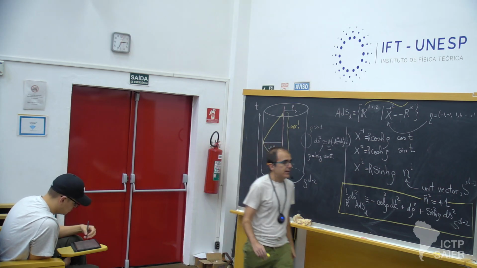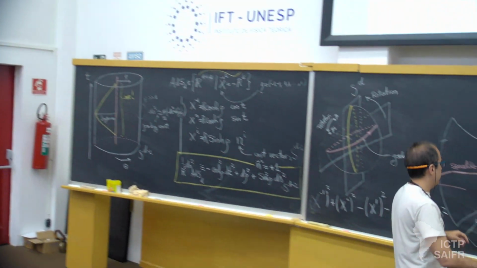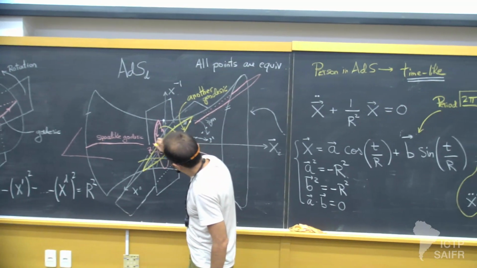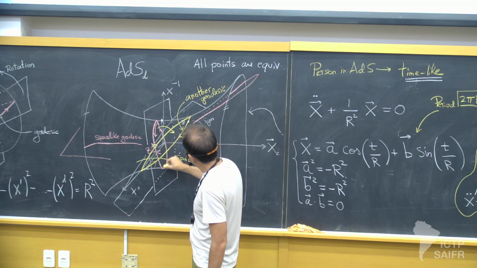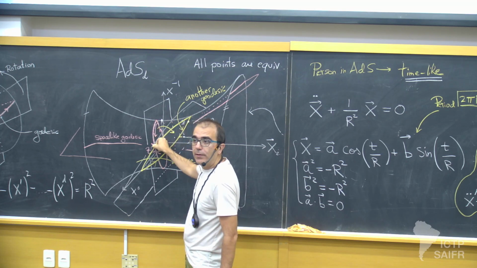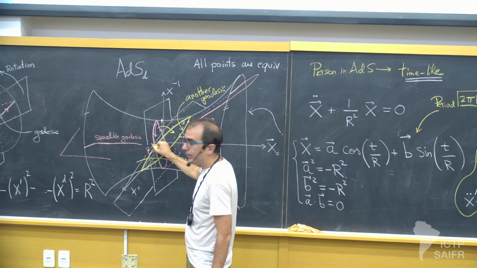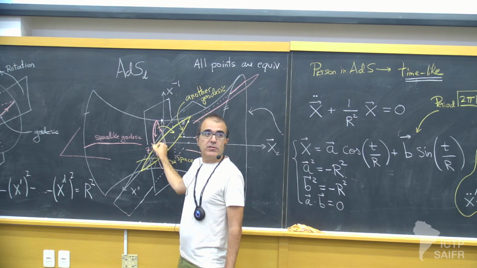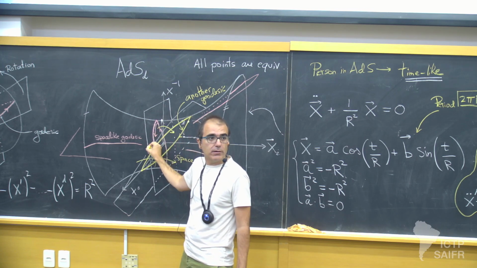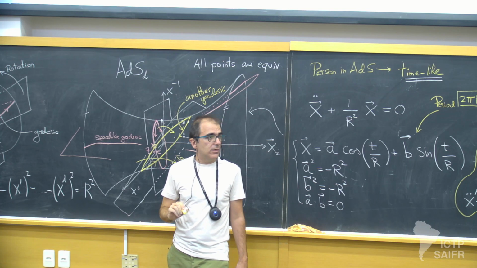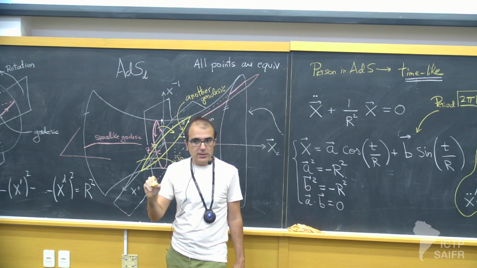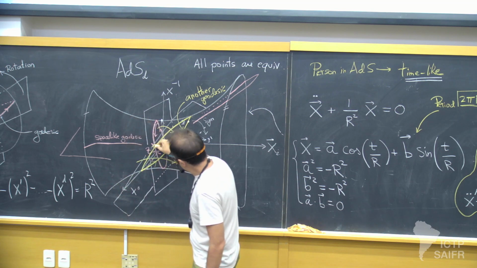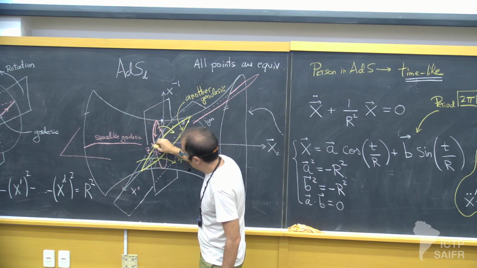You see that the yellow line for the red guy, the yellow one came back after 2 pi, right? So t evolved by 2 pi, not 2 pi r, 2 pi. Do you agree? But that's not a distance, that's just a coordinate. So let's be careful. The yellow one evolved 2 pi.